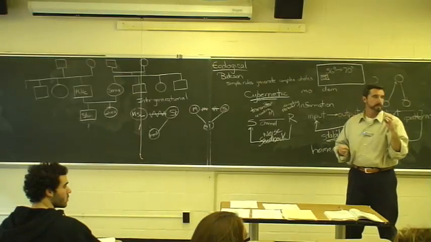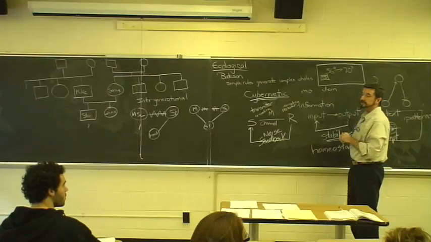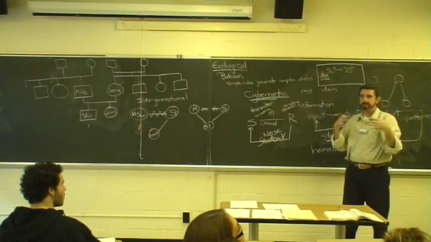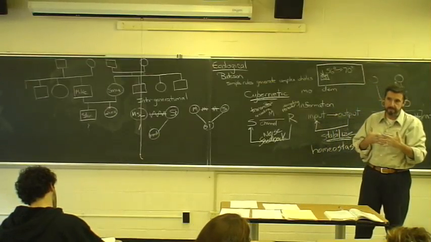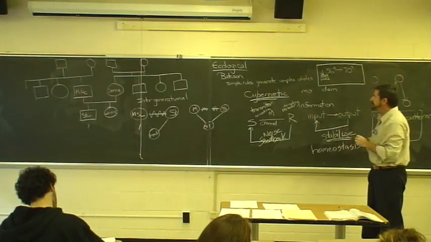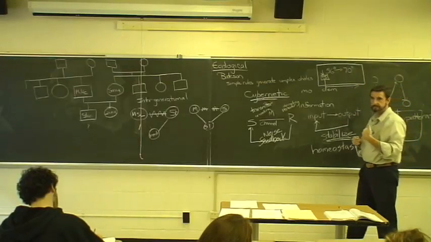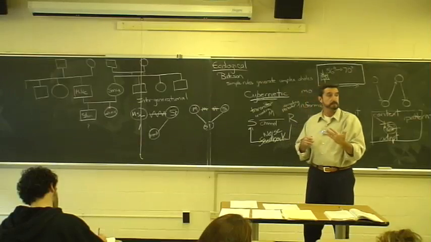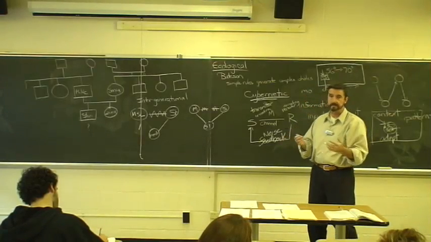The thermostat receives a message from the environment, and the message is it's 56 degrees in here. So the thermostat then sends an output. It sends a message to what? The thermostat sends a message to your furnace, your heater, whatever kind of furnace you have.